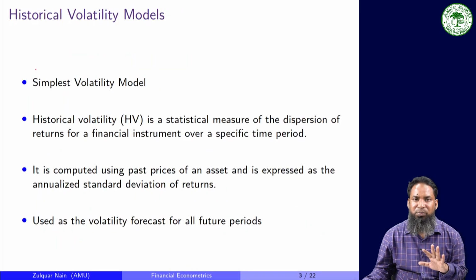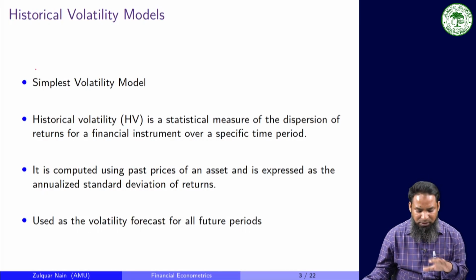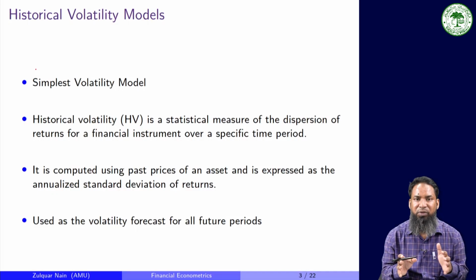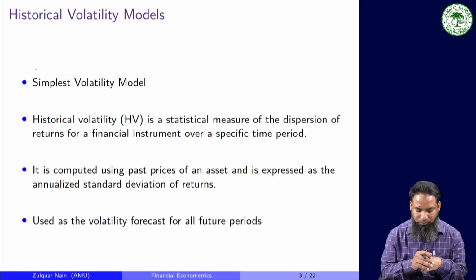One of the simplest models for volatility modeling is the historical volatility model. So, what is the historical volatility model? It is a statistical measure of the dispersion of returns for any financial instrument over a specified period of time.